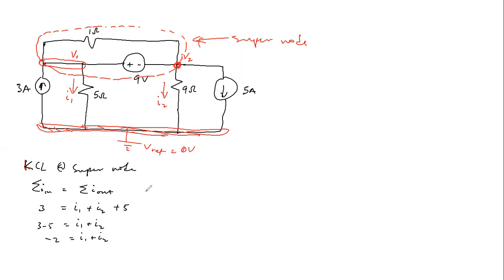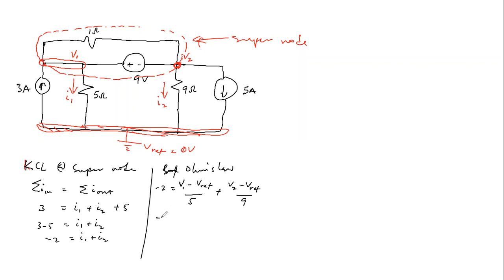And then by Ohm's law, if we express these current values by their node voltages, I1 is V1 minus Vref, which is 0, divided by 5, plus I2, which is V2 minus Vref divided by 9.